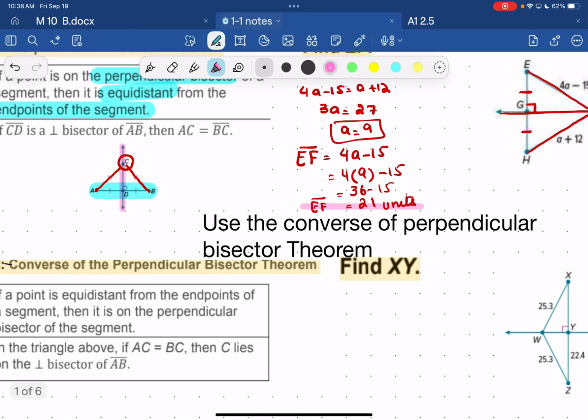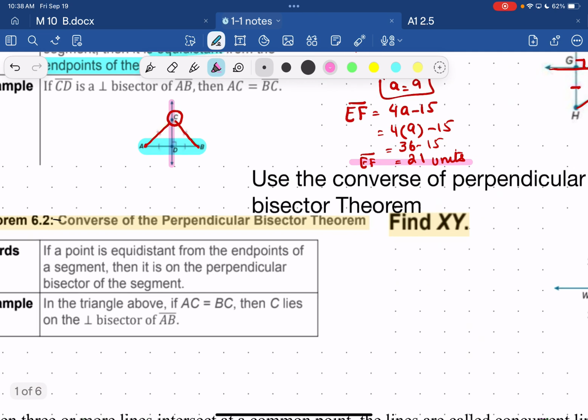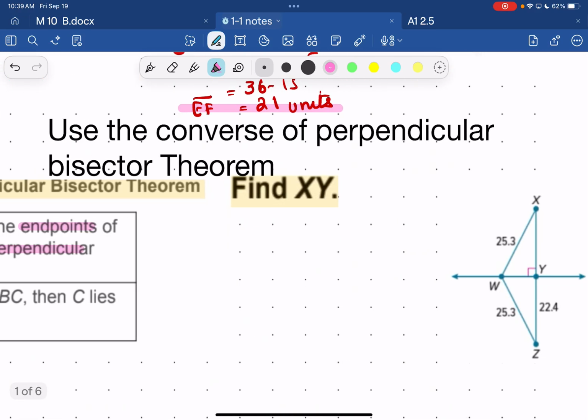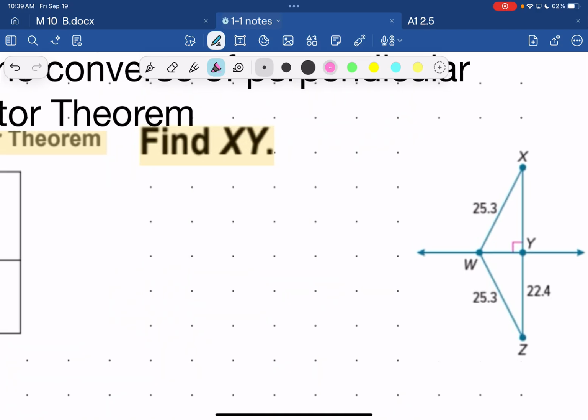Okay, now we are going to look at the converse of the perpendicular bisector theorem. It says if a point is equidistant from the endpoints of a segment, then the point will be on the perpendicular bisector. So we are going to find XY. How are we going to find XY?